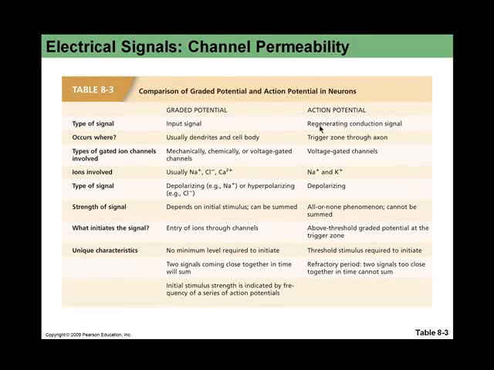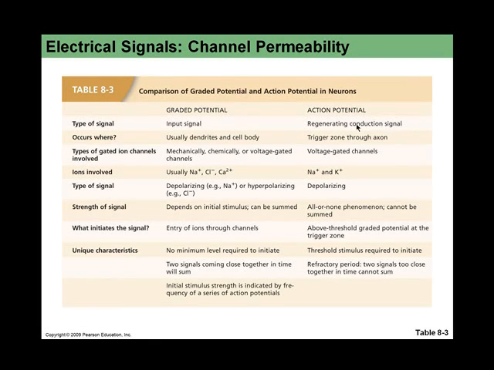And then the action potential is a regenerating conduction signal. Once you generate the digital signal, it regenerates itself in order to conduct down the axon. And we'll see why it can't go backwards. Where does it occur? So what's the anatomical localization?